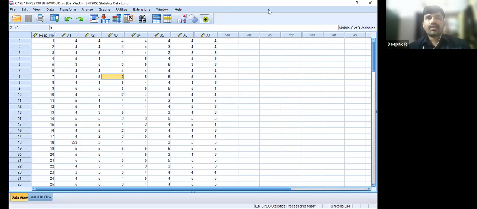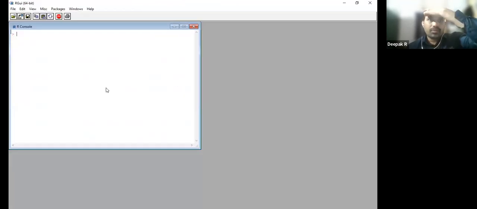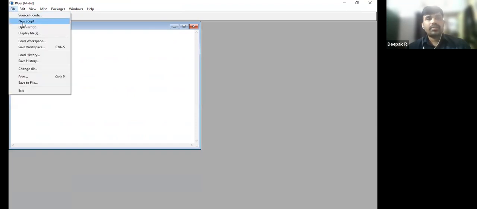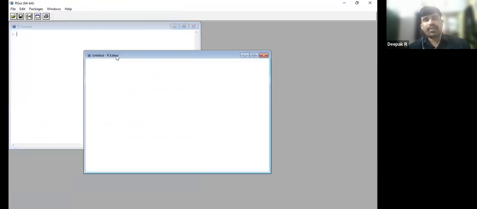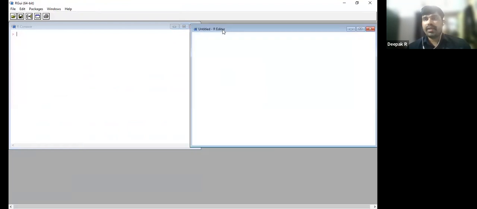So what I'll do today is I'll directly go into R programming. So this is the console where I will be able to type in the codes and get the output also. And what I want to do is go ahead with the script wherein I will be writing the codes, so that this can also be used by you all when you are analyzing the data.